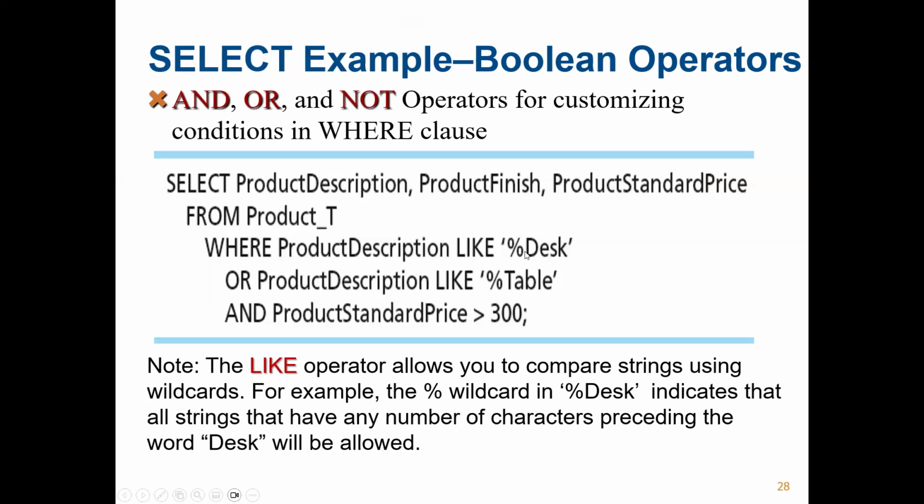This is like writing a regular expression. Oh no, the term is gone. But this is like identifying a pattern. So whatever ends with DESK, we get it. And also, or product description, let's say computer table or computer desk, then we get it.